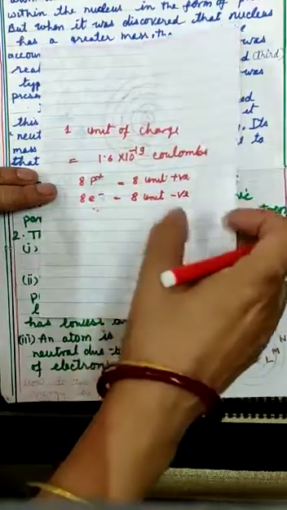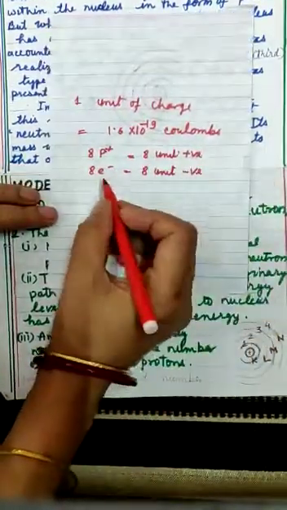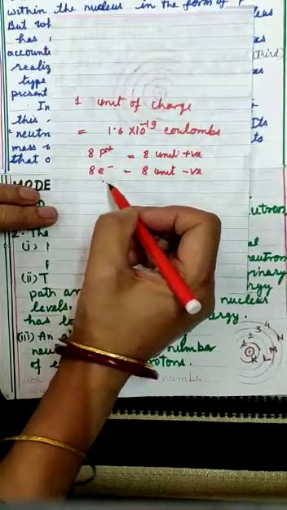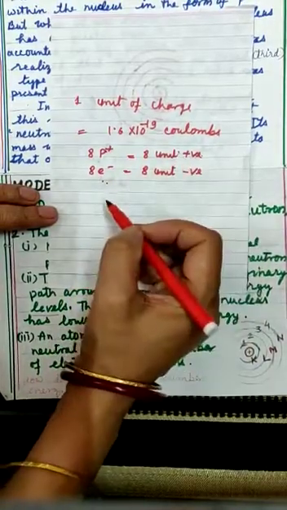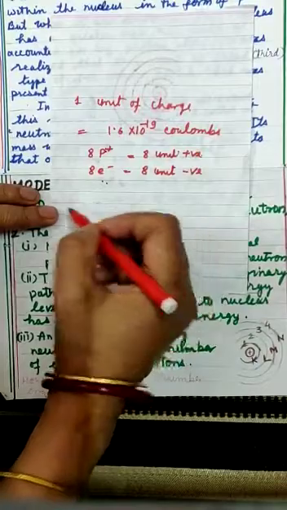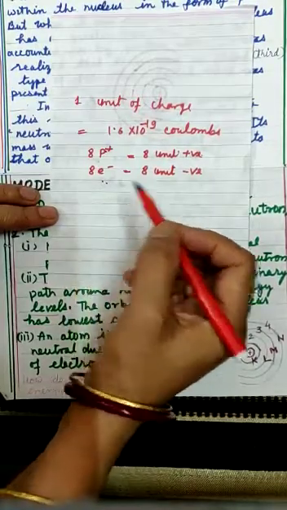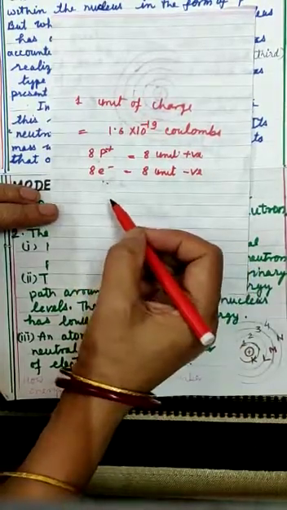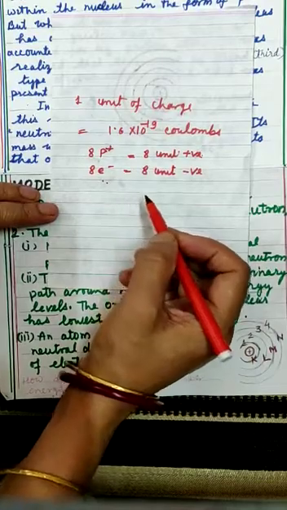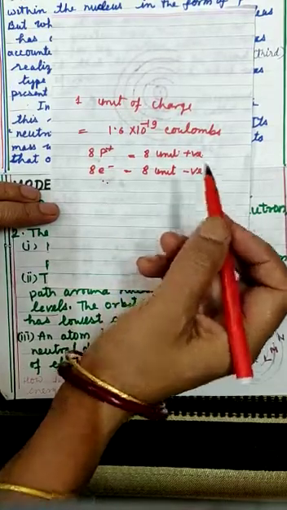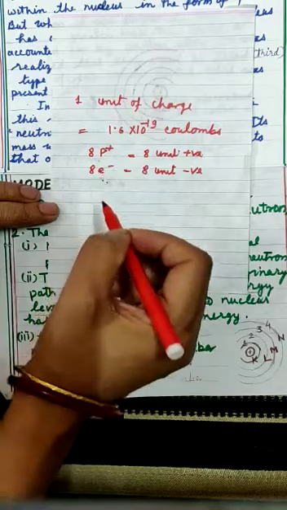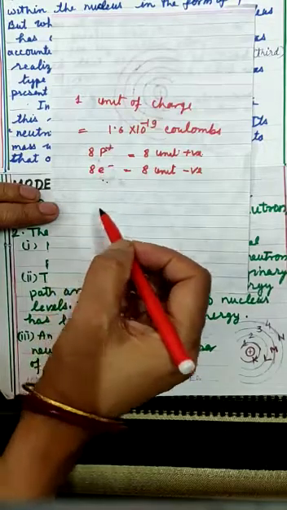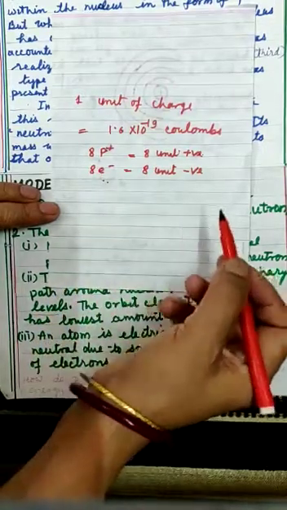Children, it is very important to know that though the number of protons and the number of electrons are the same in the atom of each element, no two atoms of different elements ever have the same number of protons or the same number of electrons. So the number of protons and the number of electrons in an atom is the characteristic property of atoms of that element.